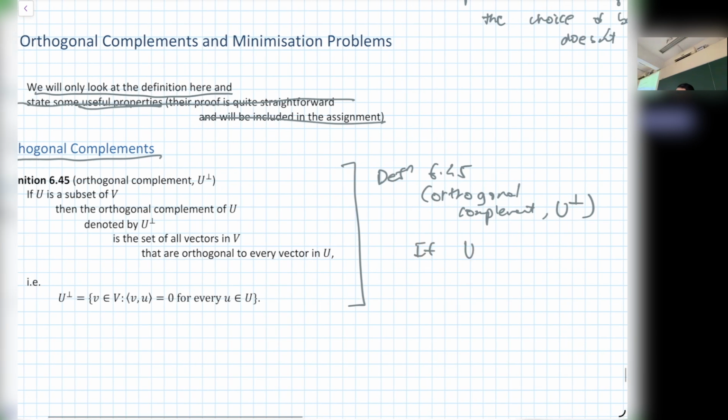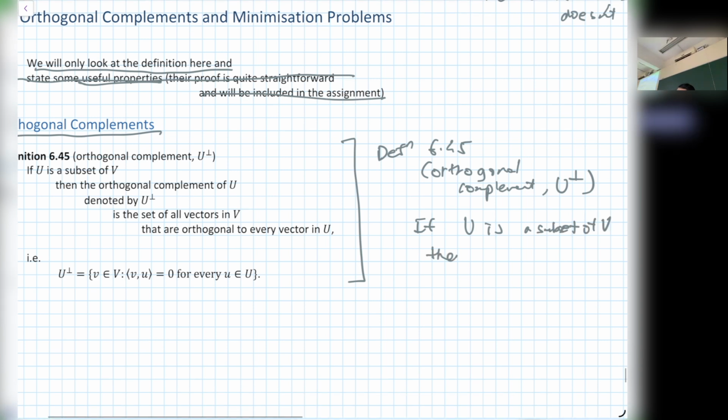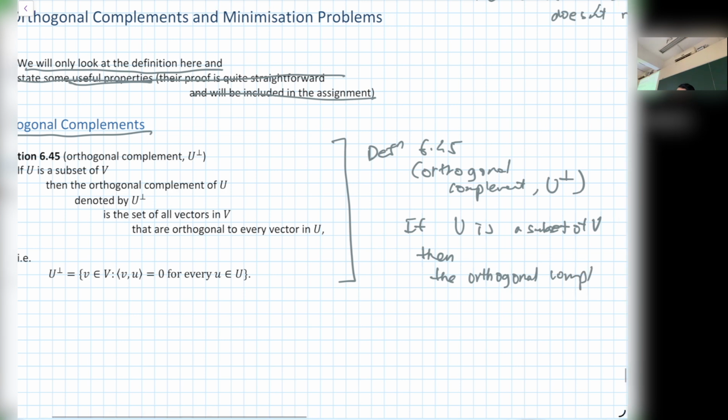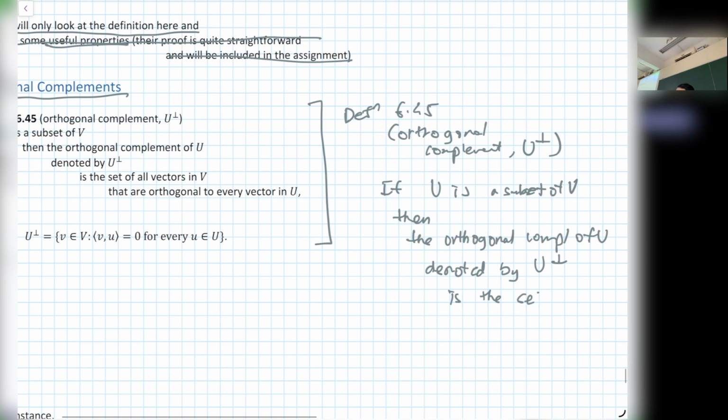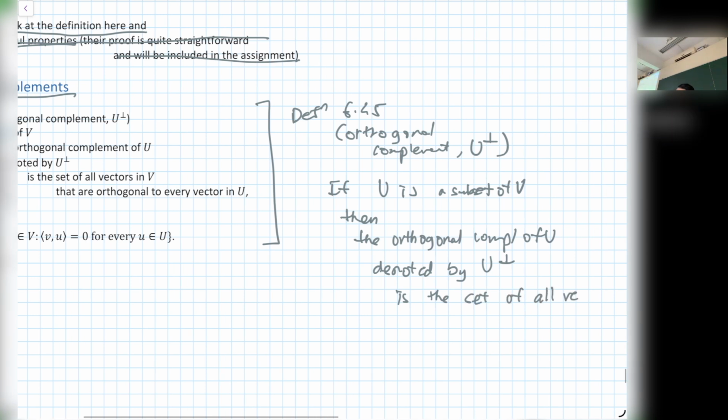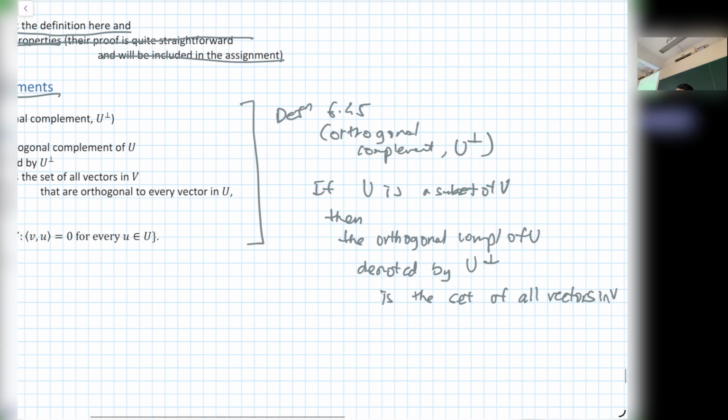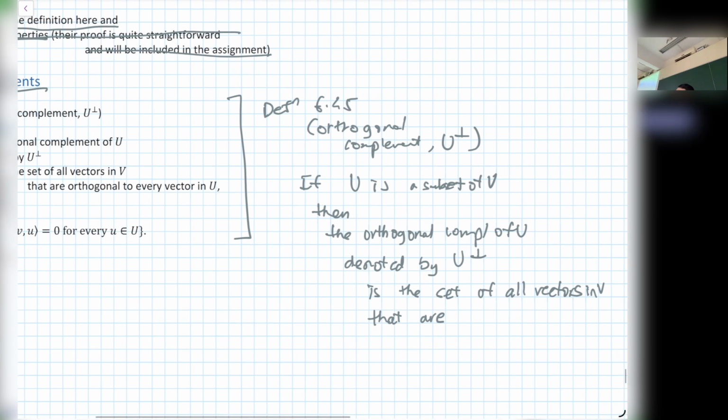So if U is a subset of V, then the orthogonal complement of U, which we denote by U perp, is the set of all vectors in V that are orthogonal to every vector in U. This is completely expected.